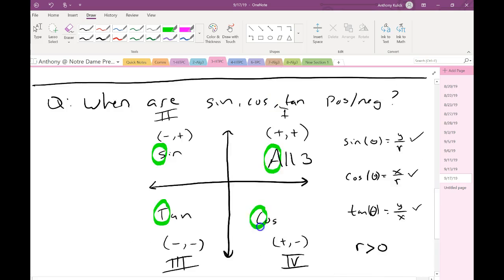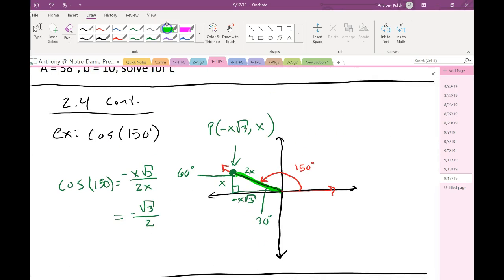If I go back and look at this previous example, this point P that we drew isn't necessarily on a unit circle, because depending on what value I choose for x, the radius would not necessarily be 1. What value of x would I have to choose for this to lie on a unit circle? 0.5 or a half, because 2 times a half would give me 1.